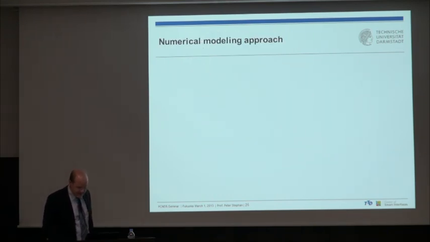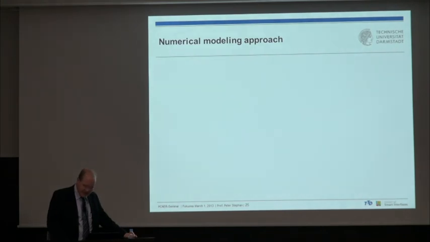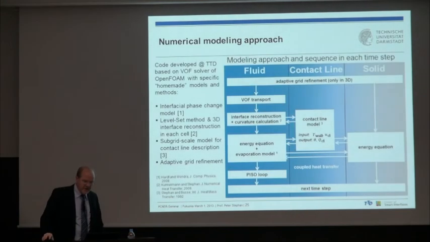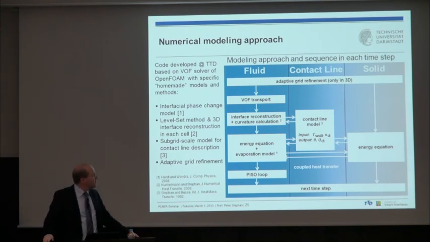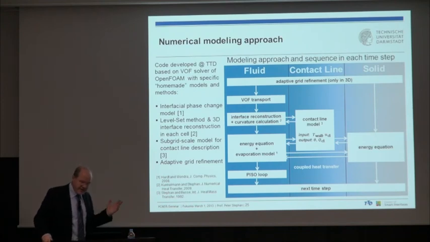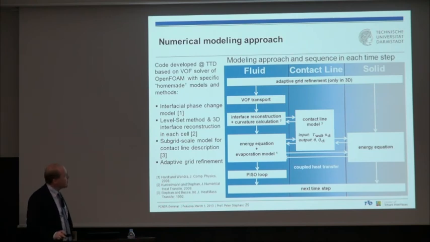The numerical modeling approach is the following. It's rather complicated, and we take our specific 3-phase contact line model, which was developed in the past, started first in the early 90s for evaporation near the contact line in heat pipes, and then it was applied to boiling situations, and then meanwhile also to droplet evaporation.